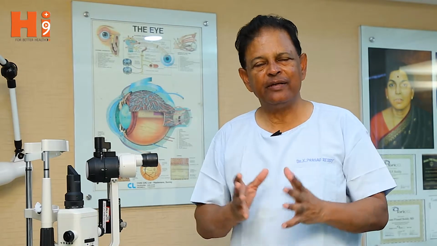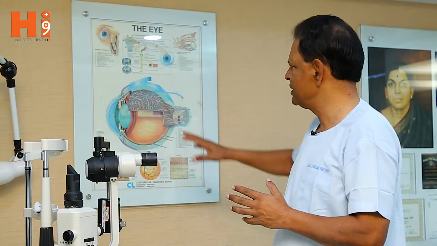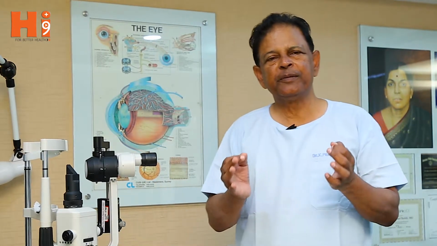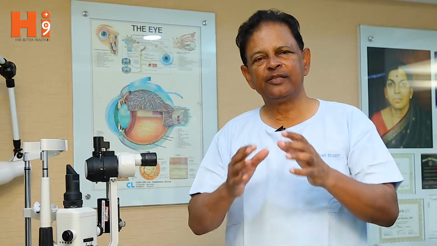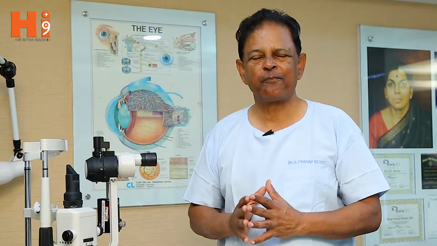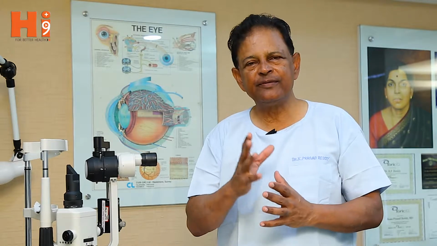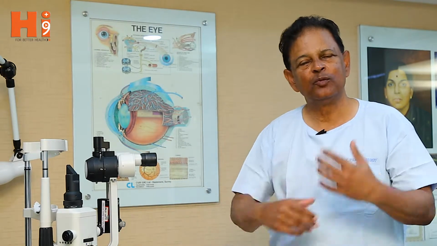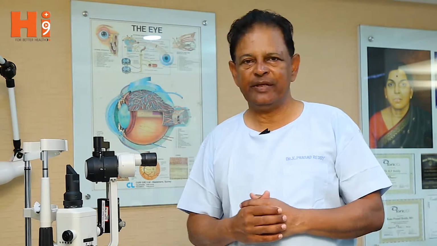Now this retina is full of multiple blood vessels. It is like a tissue paper thickness, and it is full of microscopic, very tiny blood vessels. It receives the picture and transmits that picture through a nerve, like a wire, to the brain, so that we see the image.